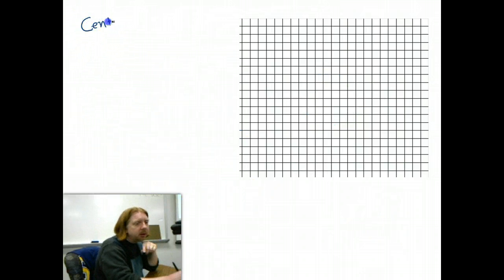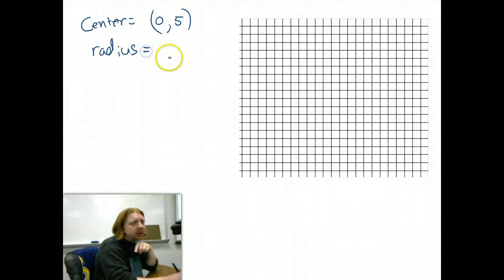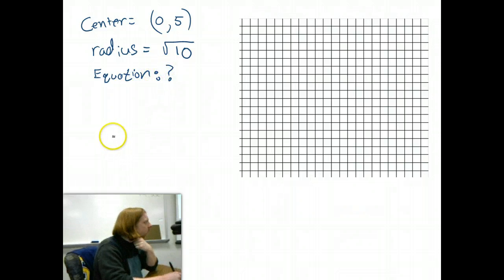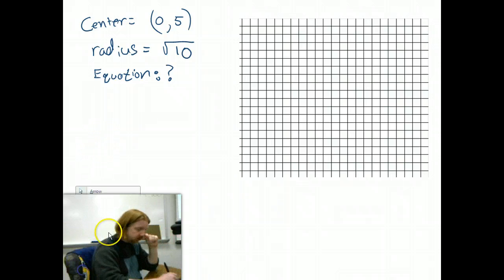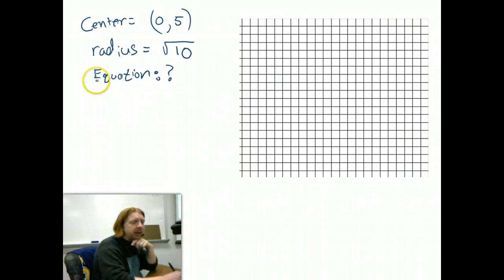For example, here, let me put this one up here. The center of a circle is located at 0, 5. And the radius is the square root of 10. What would the equation be? Well, let's see, what's the format? Let me write it down again so we have it.